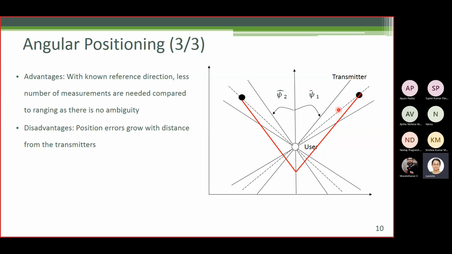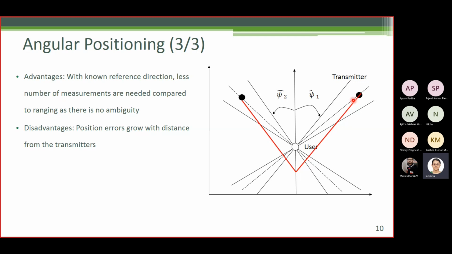Now, unlike the bands of circles, here the spread increases as the distance between the user and the transmitter grows, which is evident, right? The spread increases as we go away from the user. So how does it get reflected in the user position accuracy?